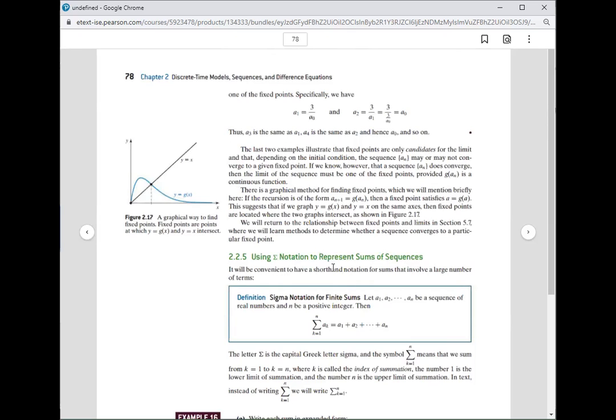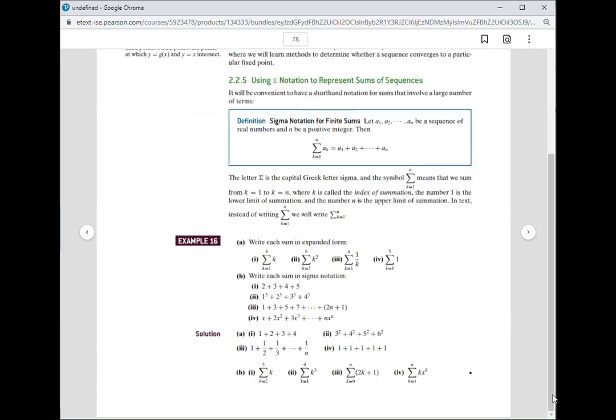So now we use sigma notation to represent sums of sequences. Like this. You expand this, starting with k equal to 1, which gives you this sum in sigma notation. So number 1 starts from one, right?